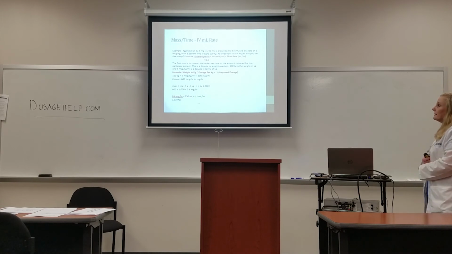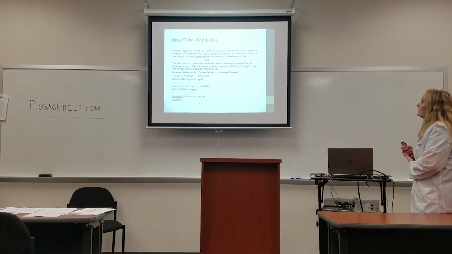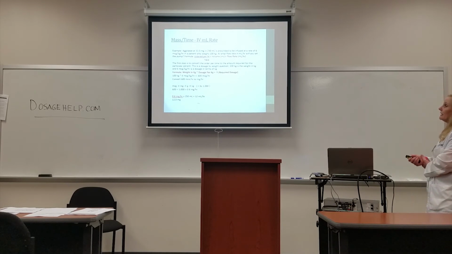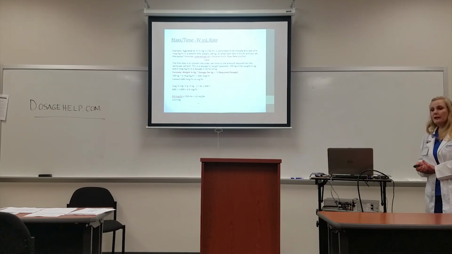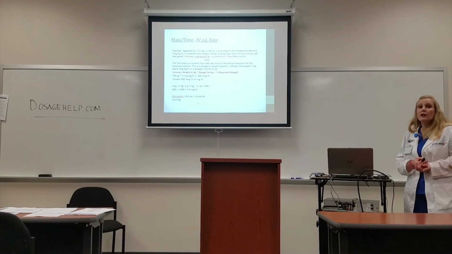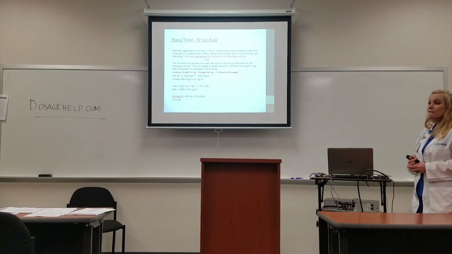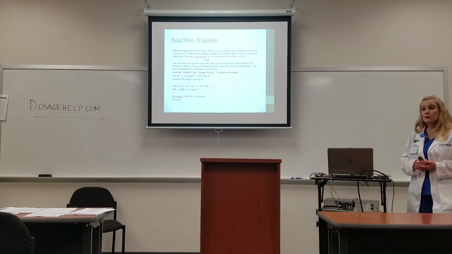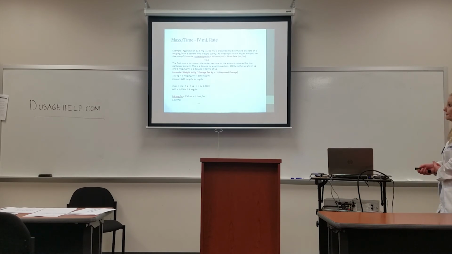Then I'm going to convert. I have to take my mics per hour and convert to milligrams per hour. Anytime you have a question in a different form than what you have on hand and what is ordered, you need to convert to make them match. If you do not, you're going to get it wrong. Okay?